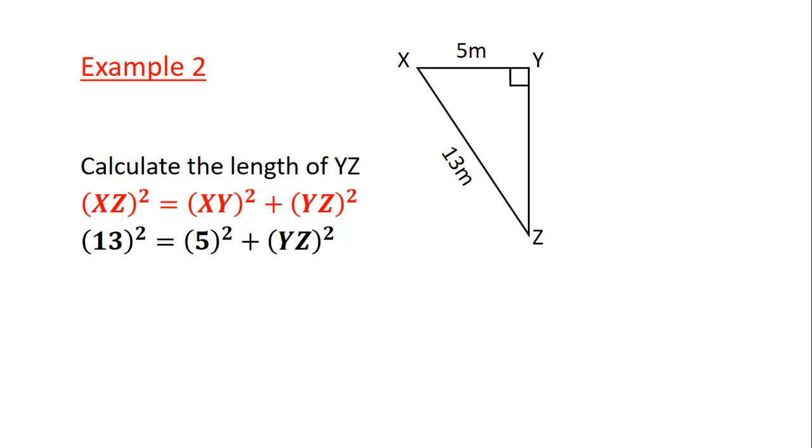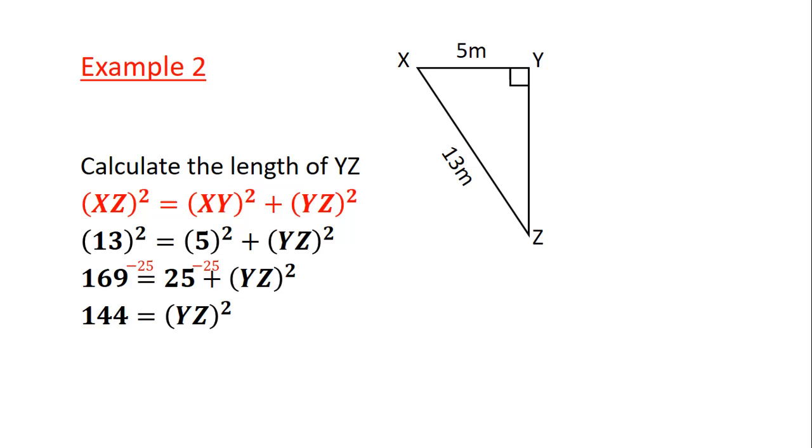Now my next line, 13 squared is 169 equals 5 squared is 25, and then plus YZ squared. Now we continue on as an equation. We want to get rid of that 25 on the right hand side of the equal sign, and so we subtract 25 from both sides. 169 minus 25 gives me 144, and that equals YZ squared, because 25 minus 25 just disappears, and so we get equals YZ squared.